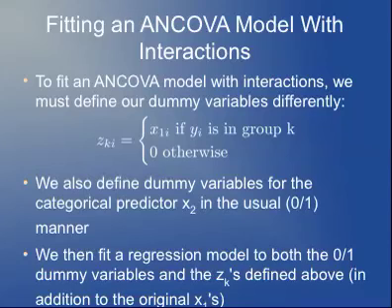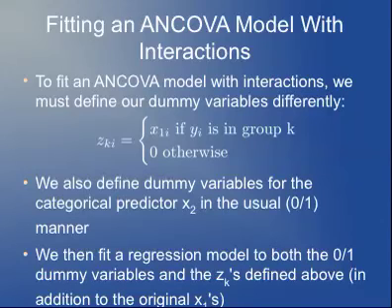How do you fit an analysis of covariance model with interactions? Well, you need to define your dummy variables a little bit differently. First of all, you define a second variable that's not actually a dummy variable. We call it z k i, which is basically equal to x1. That is, it's equal to the continuous predictor if you're in group k, and 0 otherwise.